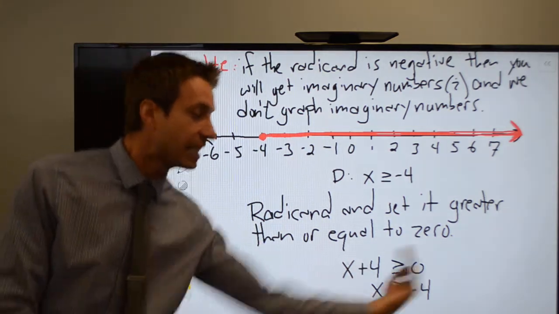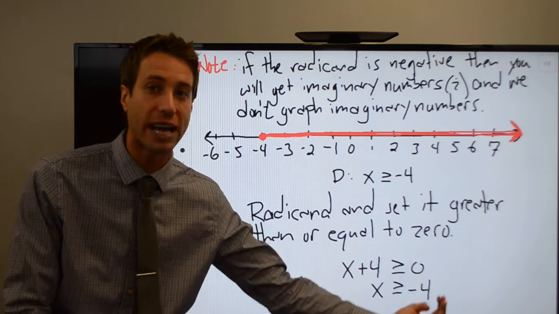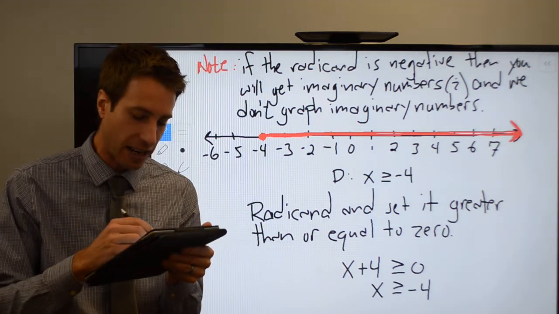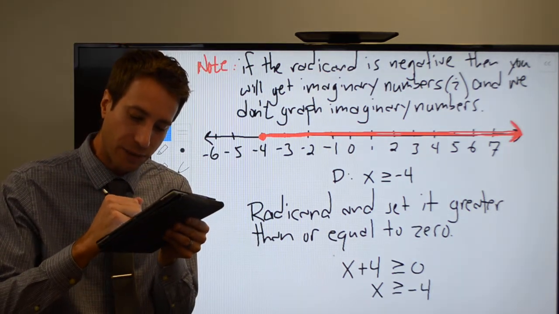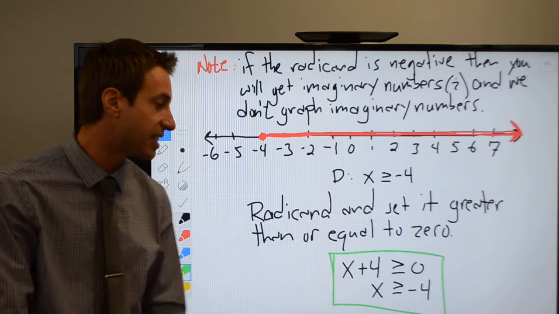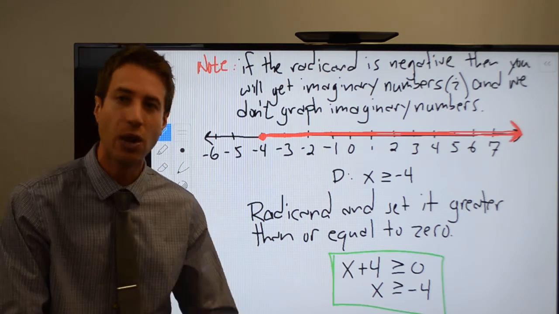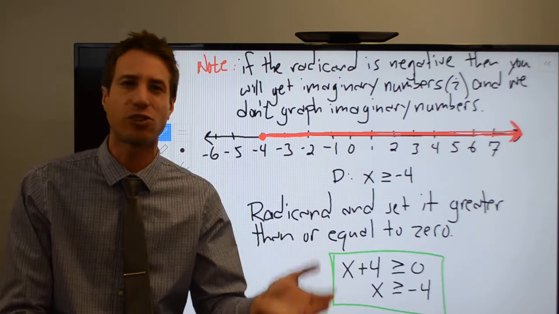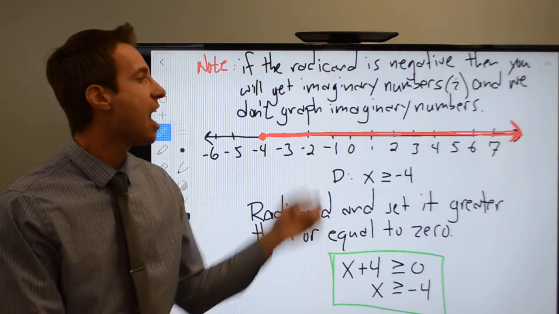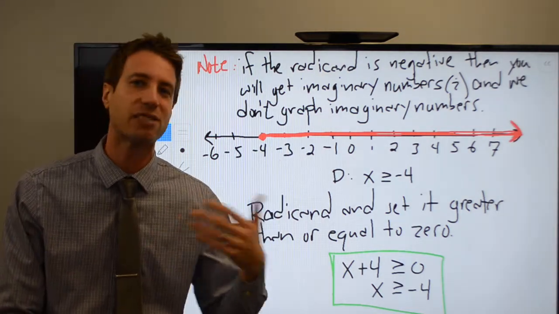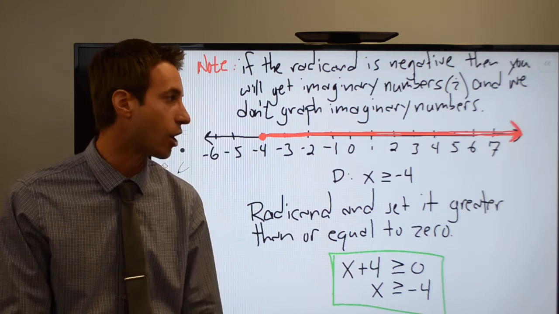I am only going to keep domain values that are greater than or equal to negative 4. So guys, please feel free to just do this. This is really all I need you to do. Again, just to help us picture it as we do the first couple of problems, I will show you the number line because it makes for a great visual to see what's going on here.